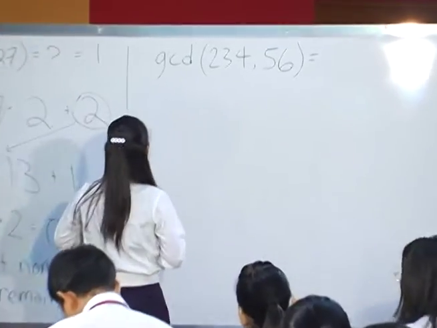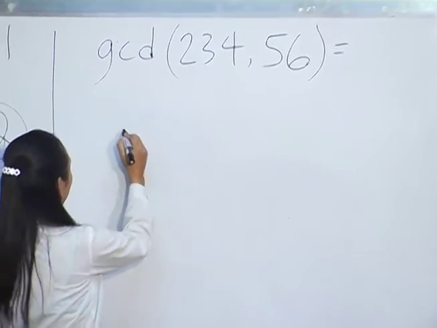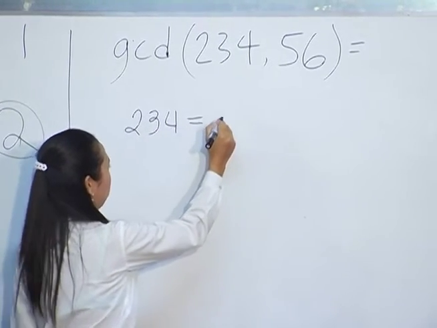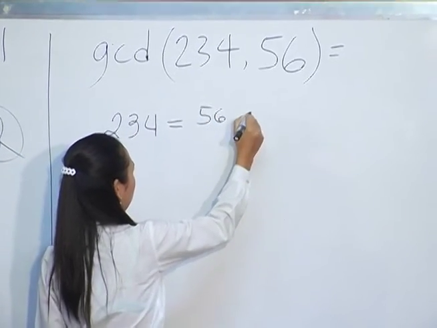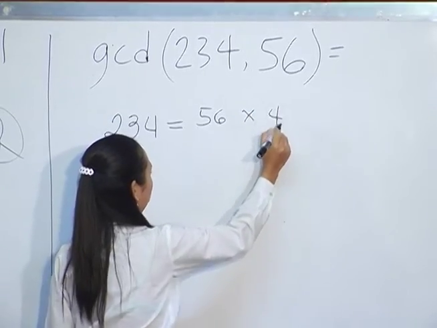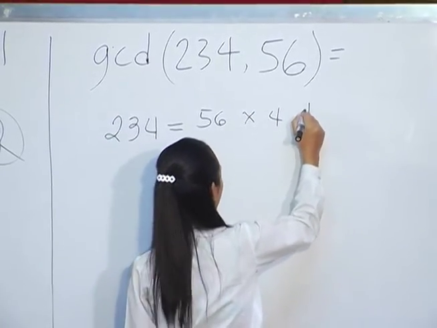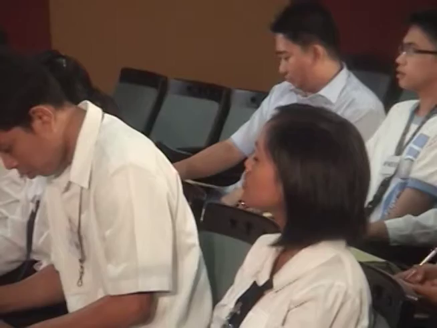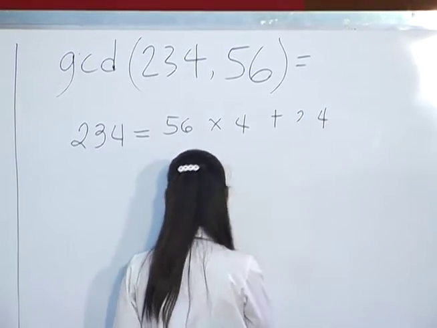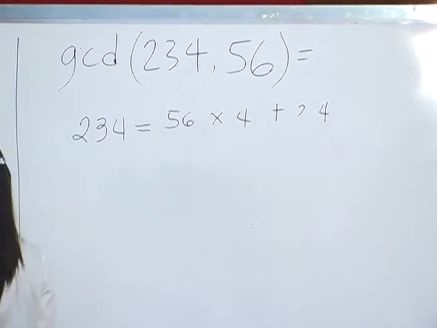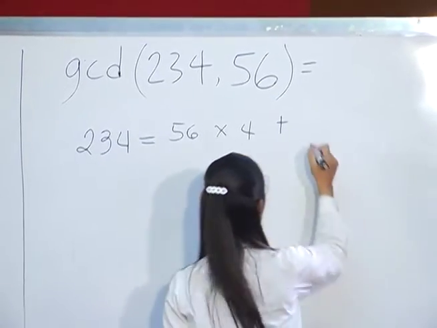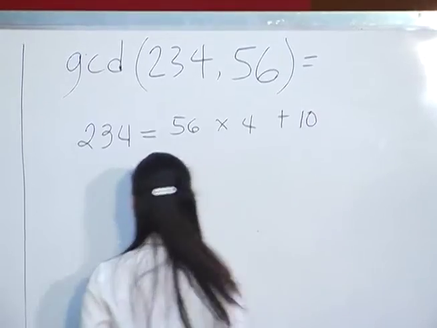So first step, we divide the bigger number by the smaller number. 234 is equal to 56 times a quotient. 56 times 4 is 224, so the remainder is 10.